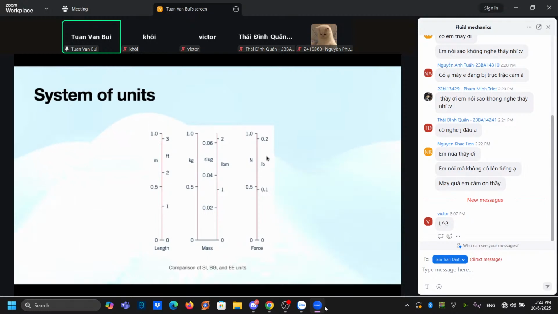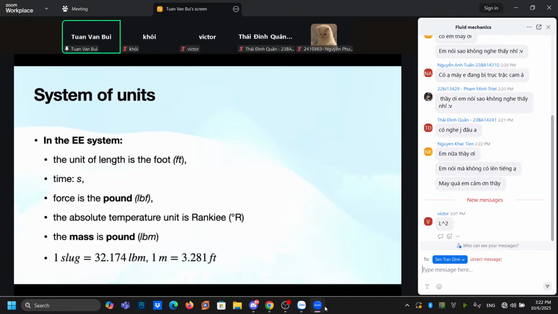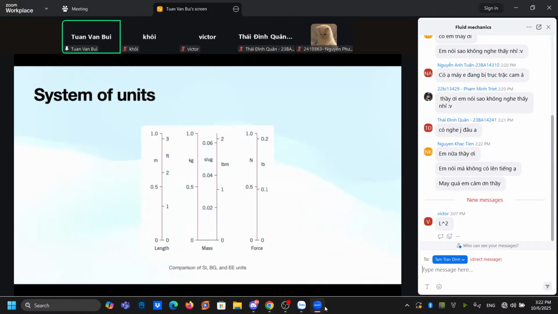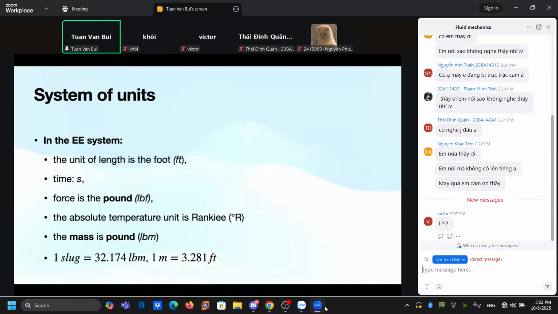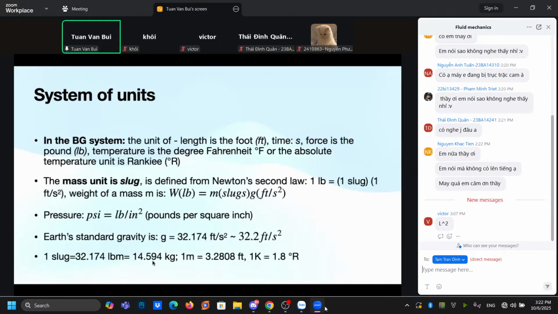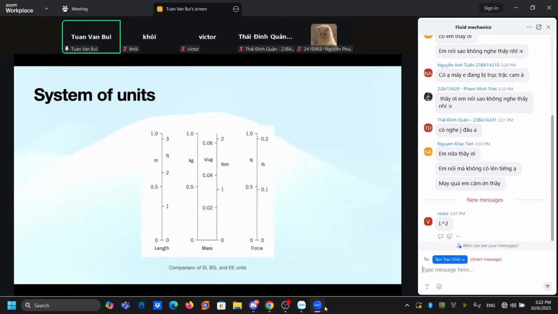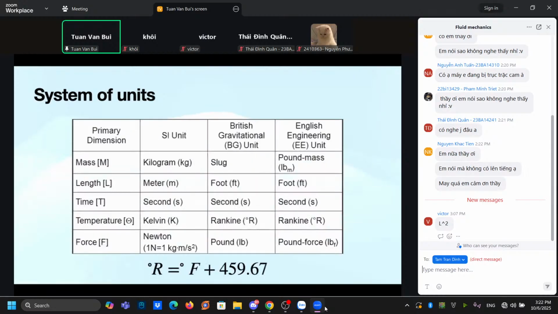To convert to the force, you simply convert the meter, 1 meter equals 3.28 feet, and then convert kilogram to slug. So you multiply by slug divided by second squared, and that will be the value that you found.